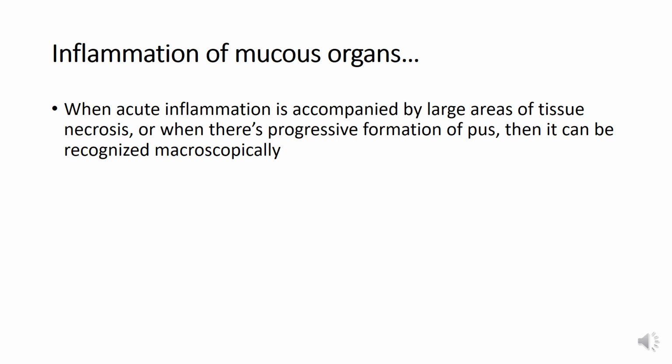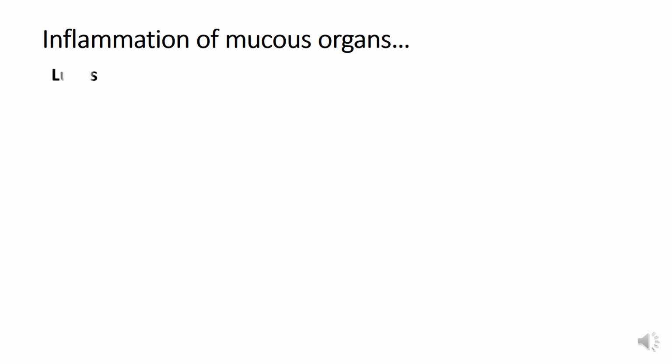And so pus forms around those organs. And when this happens, the macroscopic changes become much more obvious as compared to when we are talking about mild inflammation of those particular organs.